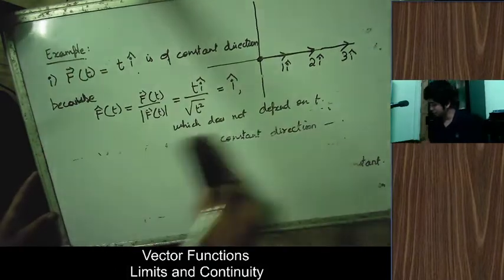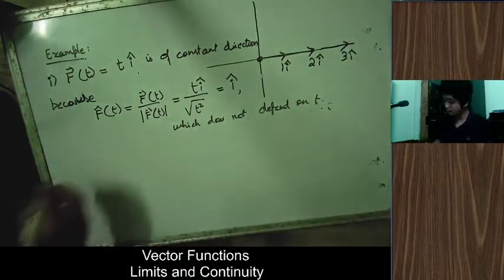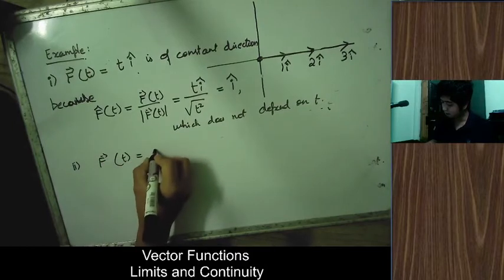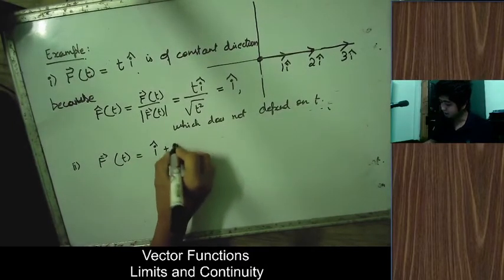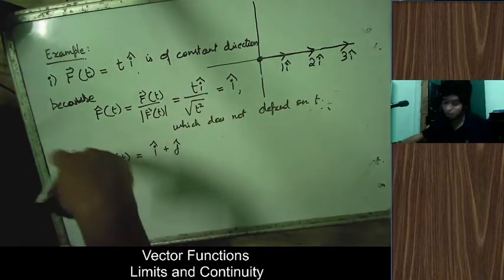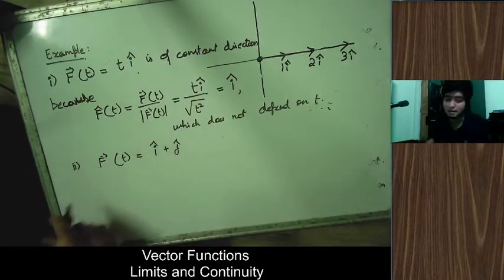Okay, this is one example. Another example that you can give is something like this, which is f(t) equal i plus j. This one is a constant vector, so that's why we'll also be having constant direction.